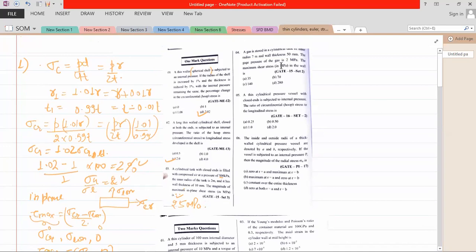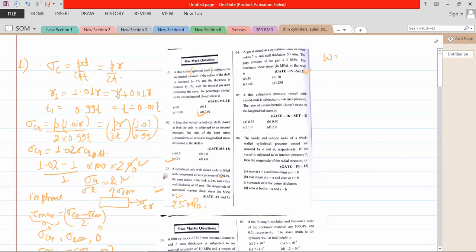Next question: a gas is stored in a cylindrical tank, inner radius and wall thickness are given, and the gauge pressure of the gas is 2 megapascal. The maximum shear stress in the wall is asked. When it asks in the wall, look here, in set 3 they asked in the plane, and here in the wall they changed the configuration.